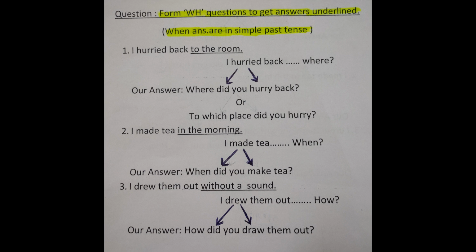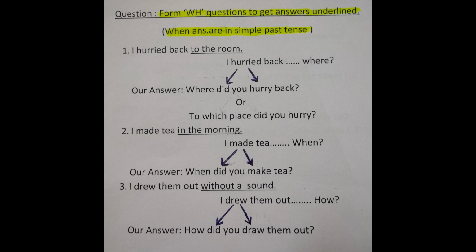So while making a question, the verb hurried is split into did hurry. And I becomes you, and it goes in between did and hurry. So our answer is, where did you hurry back? Or our answer can be, to which place did you hurry?